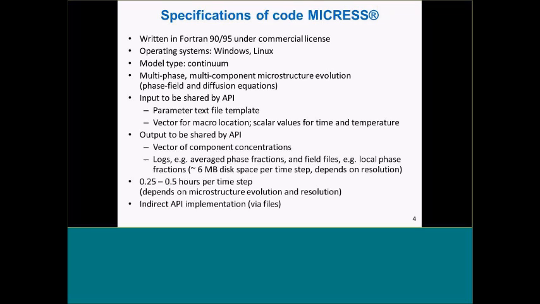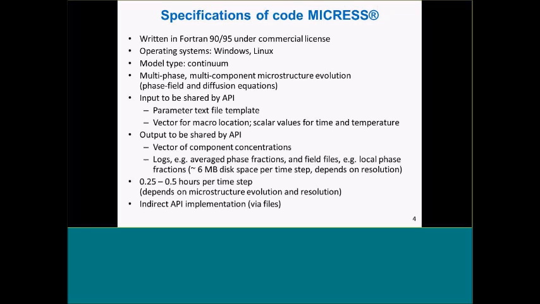That is a macro location and a scalar value for time and temperature. So it's the target time of the next simulation step here. The output will be a short vector of element concentrations, and can also be everything Micros produces as output.